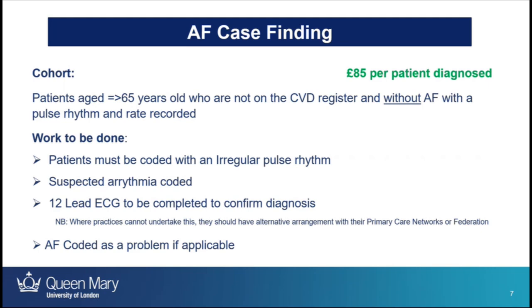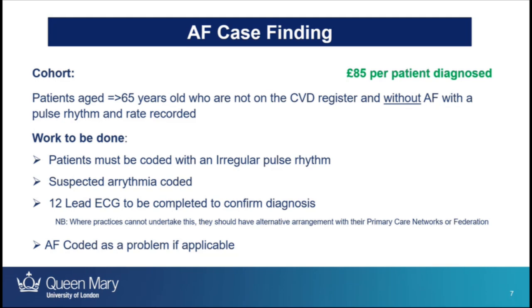I'm going to start with your AF case finding. Your AF case finding is looking at patients that are aged 65 and older who are not on the CVD register and do not currently have AF. They must have a pulse rate and a pulse rhythm recorded.